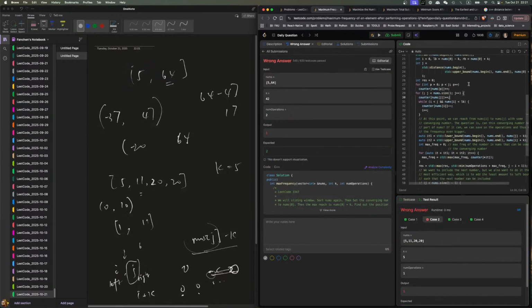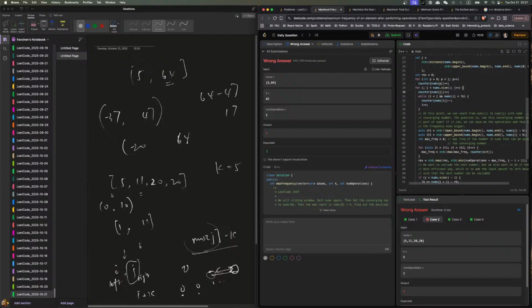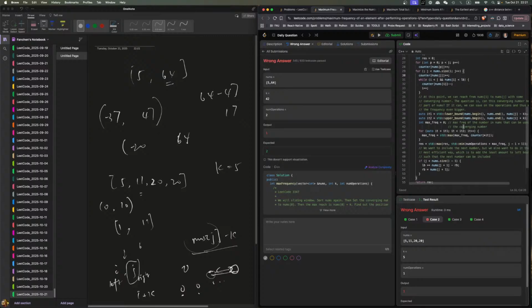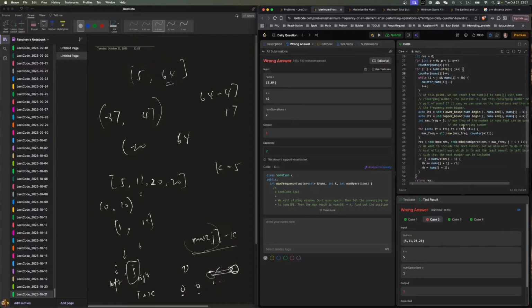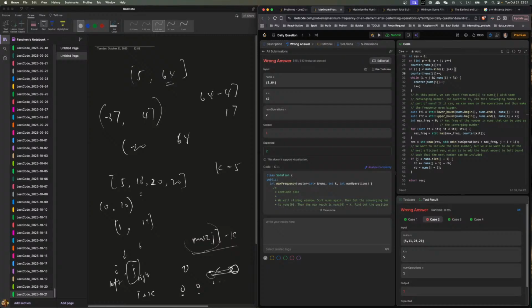But now I just want to figure out. So yeah, we start from here. So it's 5 and 11, right? 5 and 11, and then it doesn't work because the range is 1 to 11, and then 11 minus 5 is 6, and this iterator it1 will point into here.